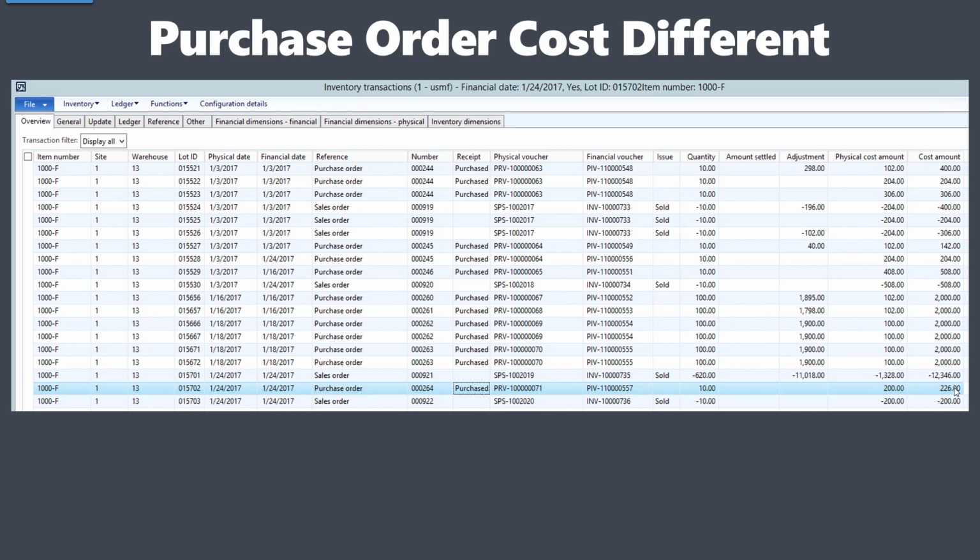And keep in mind, the one thing about these allocations of charges is they do not happen until the vendor invoice is posted. So we picked up that additional $26 that was allocated to the cost amount of this item.